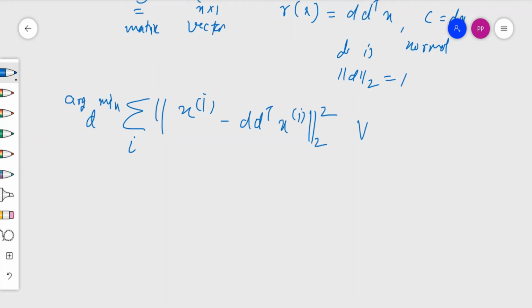Here we should see that the L2 norm of d is 1. So this is the L2 norm of vectors summed up over m points.